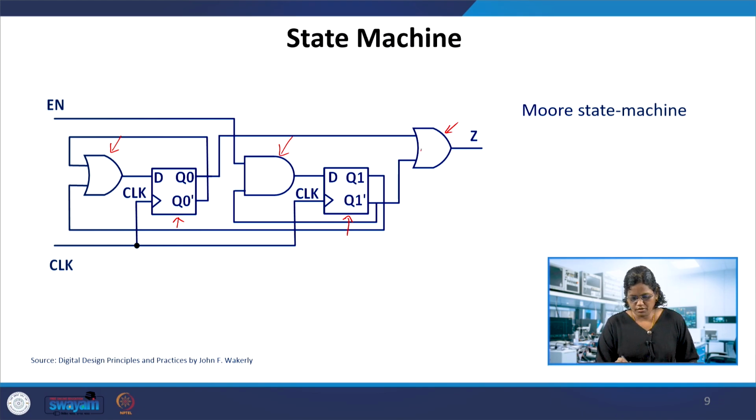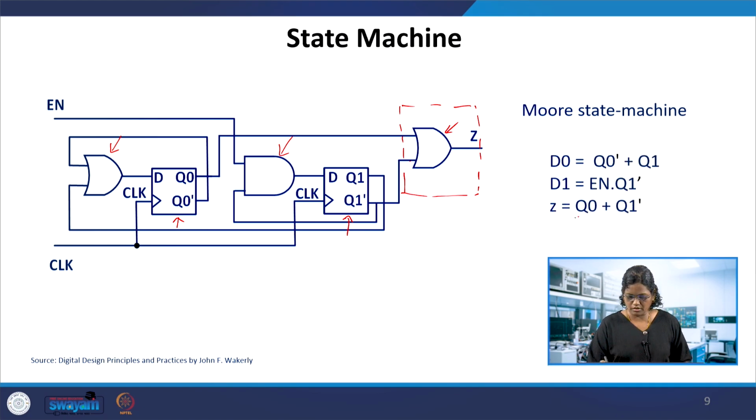If you closely observe, this gives the output logic, which takes Q1 dash and Q0. The equation obeyed is Z equals Q0 and Q1 dash.